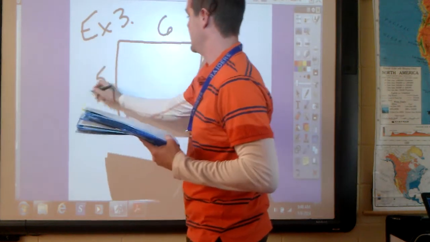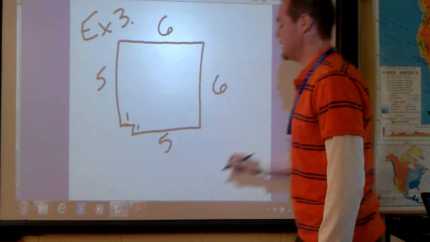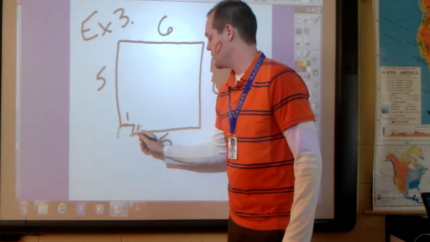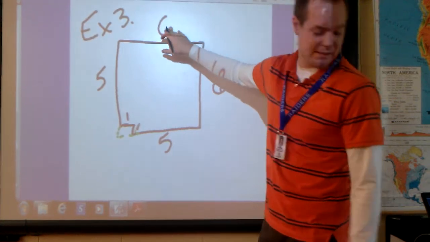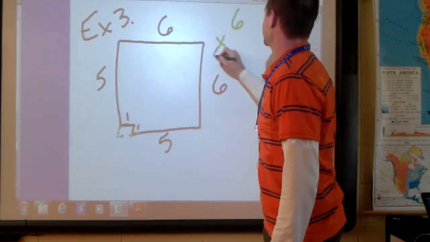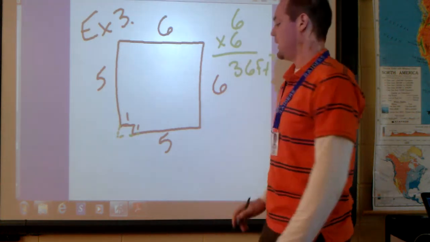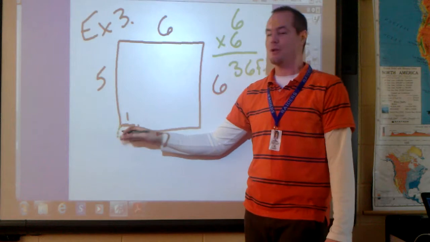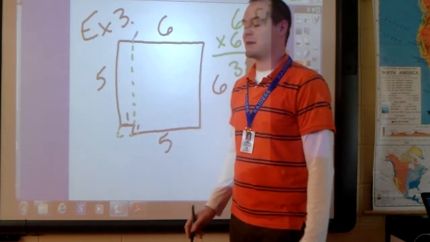6, and 5. Okay? So again, in my opinion, it's easiest to find the area of this entire shape by multiplying 6 feet times 6 feet, and getting 36 feet squared, and then subtracting this small area, rather than breaking this up into parts like this.